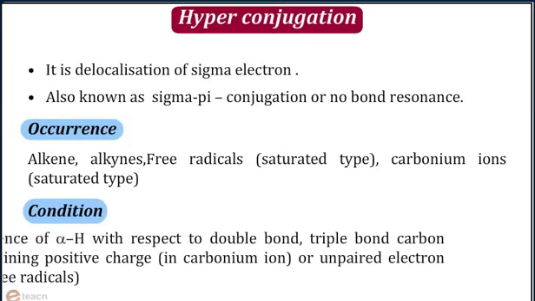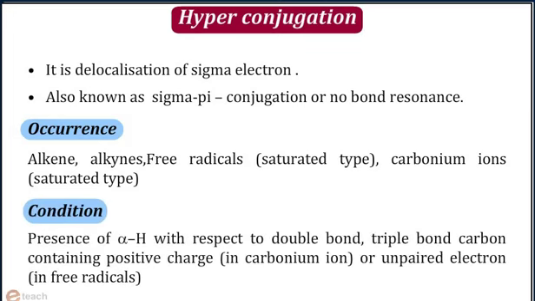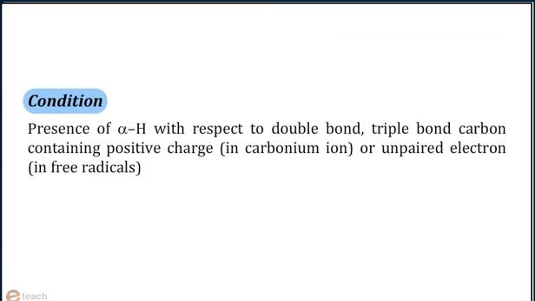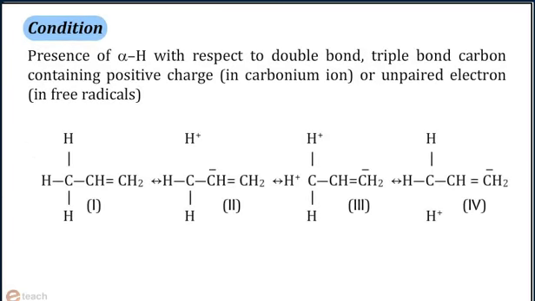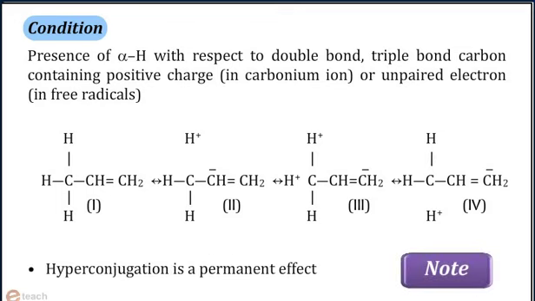Condition: presence of alpha hydrogen with respect to a double bond, a triple bond, a carbon containing a positive charge, that is in a carbonium ion, or unpaired electrons, that is in free radicals. You can see here the hyperconjugative effect in butene. Hyperconjugation is a permanent effect.